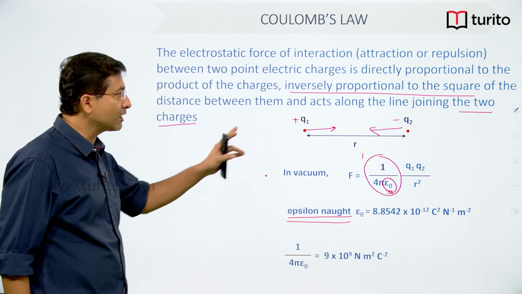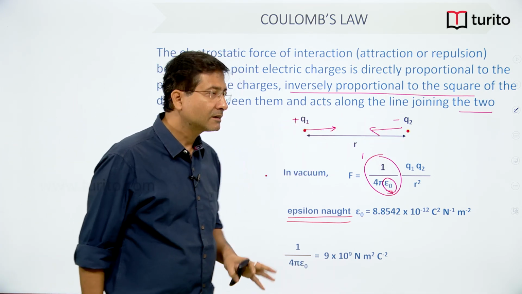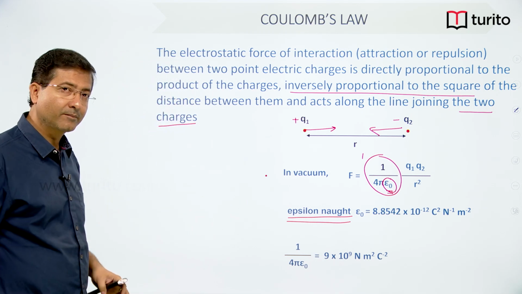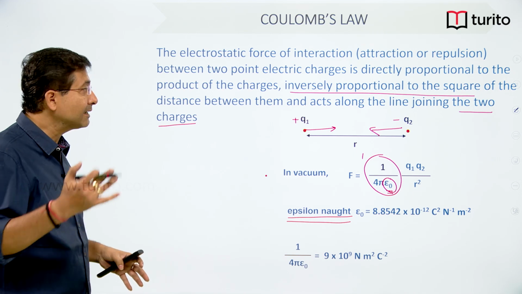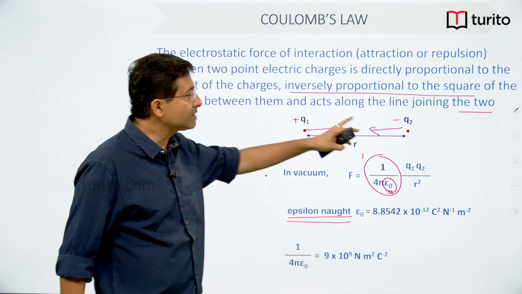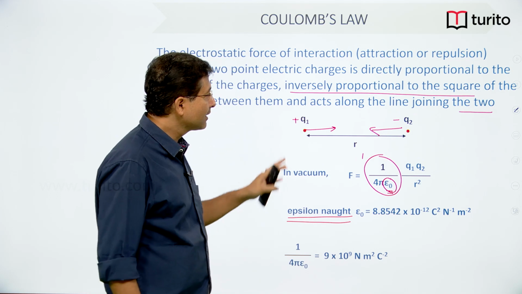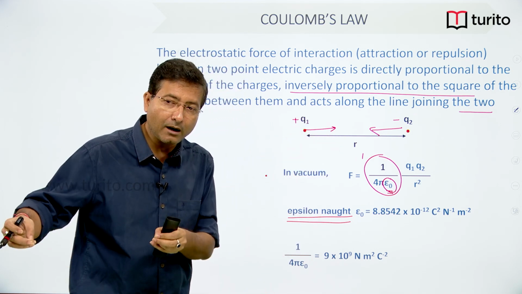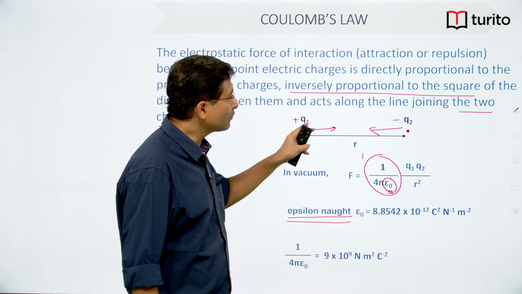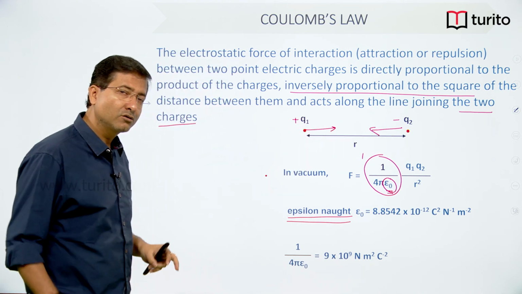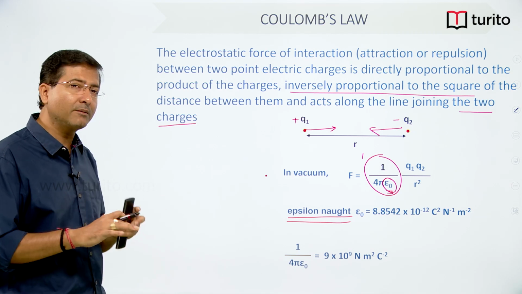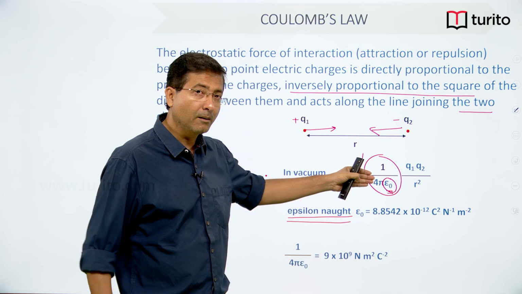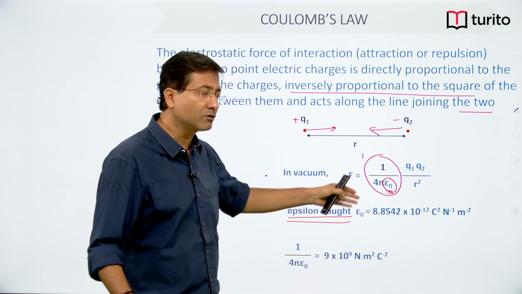If I place these two charged particles in some medium, then the force of interaction between them will remain the same, but it is the net force that changes. If I place the whole arrangement in water or some other substance, the magnitude of the force of interaction between them will remain the same. Again we have the same formula, but what changes is the net force.